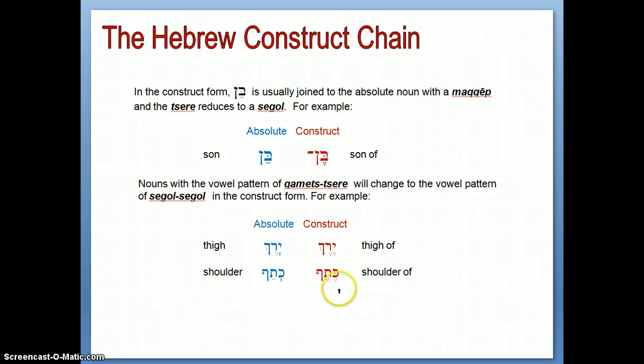Katef turns into ketef, where the qamets reduces and we get a segol vowel pattern instead of a qamets tsere vowel pattern. So we get these odd little changes in the vowels that have to do with the construct noun being up against the absolute noun in a construct chain, and as a result it reduces some stress. We get a little vowel reduction, a little change in the vowels.